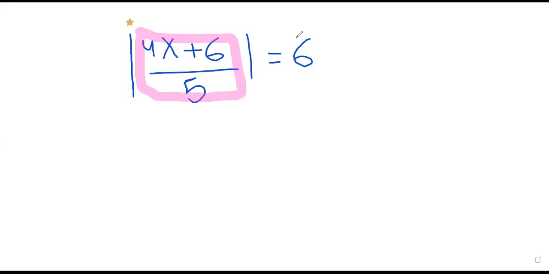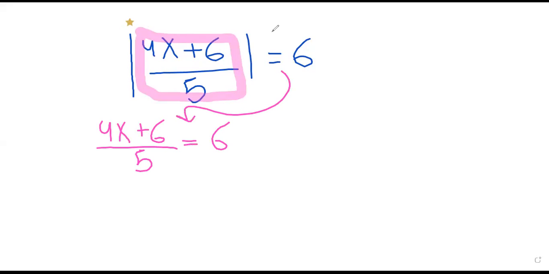Here, the expression we have is (4x + 6) over 5, and it is equal to 6. This will be the first case. What about the second case?